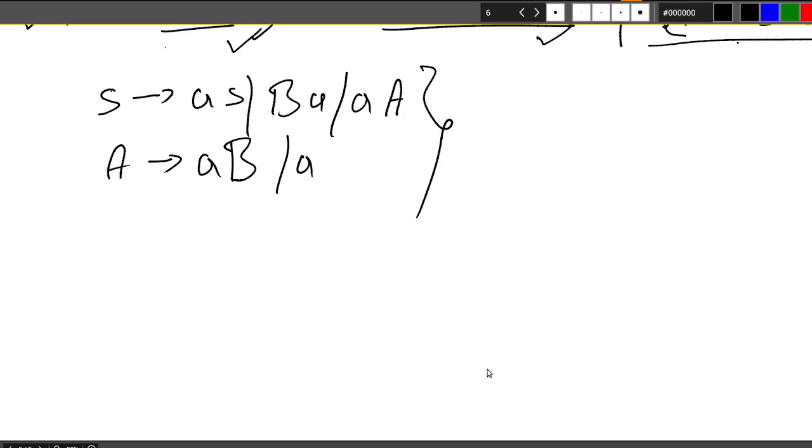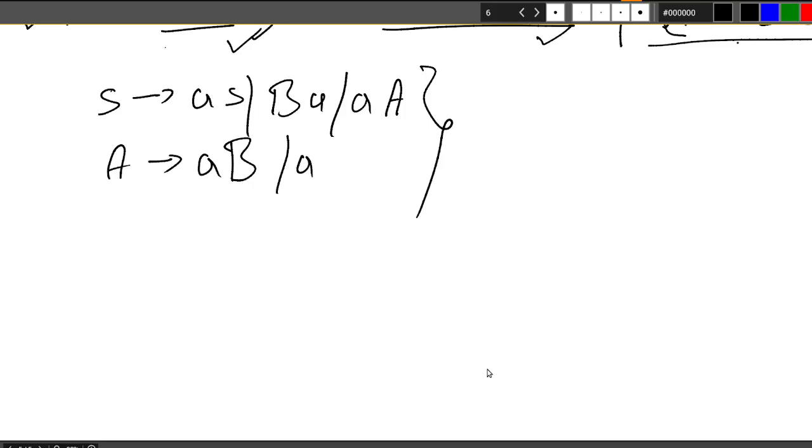Tell me, what is the type of this grammar among type 0, type 1, type 2, type 3, the highest possible type? Sir, in the LHS there is a single variable. Very good. No, there are multiple variables like A and B. And A gives AB and A. So there is one variable, so we can say that it is type 2.